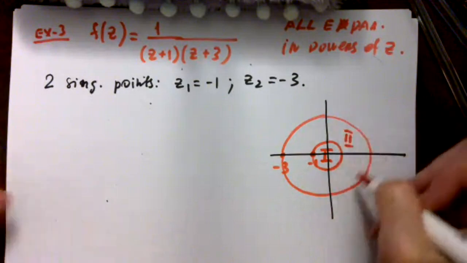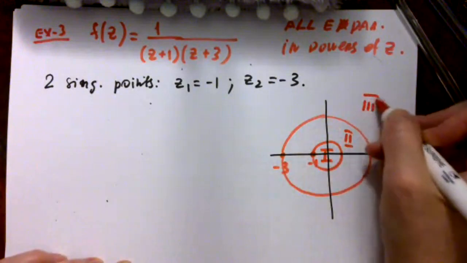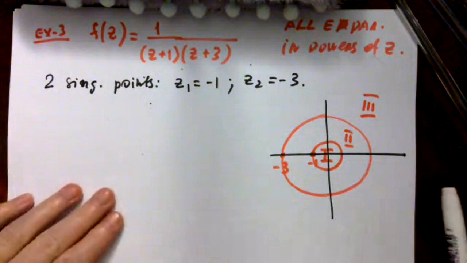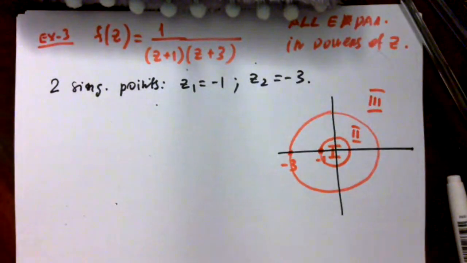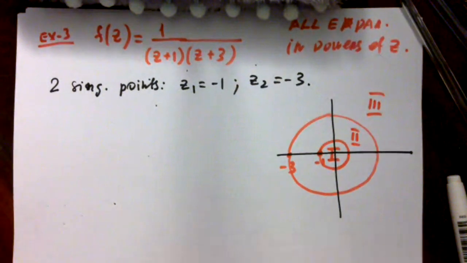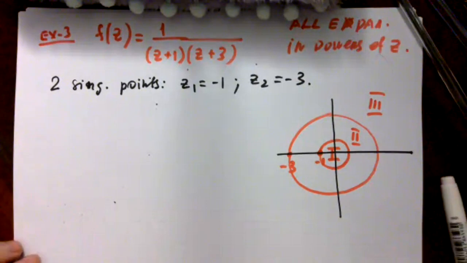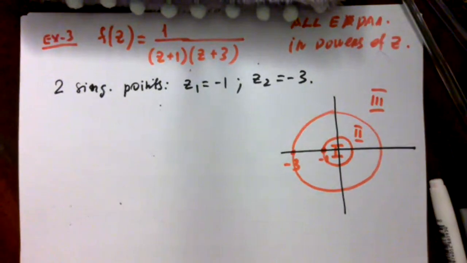The second region is between the circles. And finally, the exterior of the biggest circle is the third region. So it means that this time we are going to expect even three expansions. Pretty grim, but what can you do? You are given a pretty similar task, either question 4 or 5, I don't remember, in your tutorial sheet. So you should know how to solve this problem.